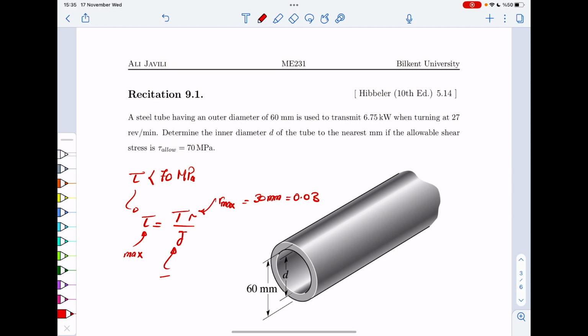J is the polar moment of inertia. The formula was pi over 2 times CO to the power 4 minus CI to the power 4, where CI is the inner radius and CO is the outer radius.